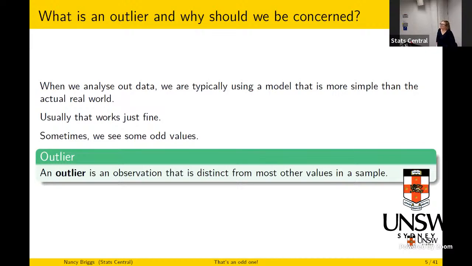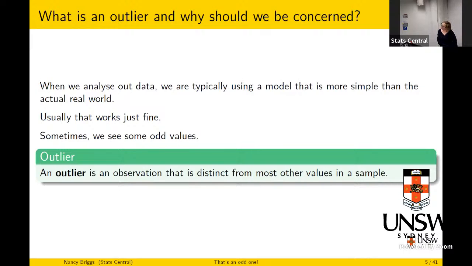So maybe I should talk a little bit about what an outlier is and why we might be concerned about it. When we analyze our data, we typically use some sort of model that simplifies the relationships between variables that actually exist in the real world. And usually those simplified models do just fine to help us answer our research questions. But sometimes we do have these odd values.